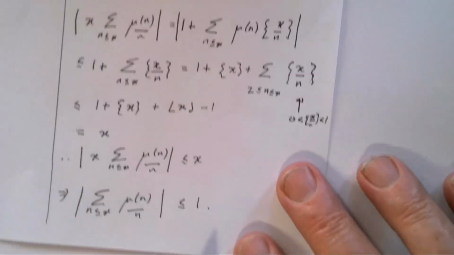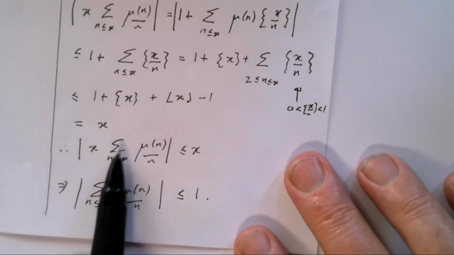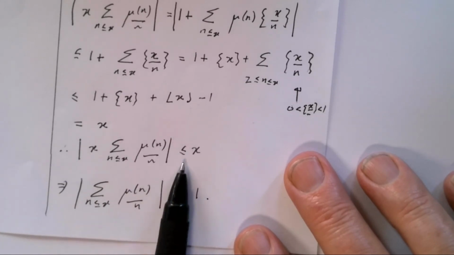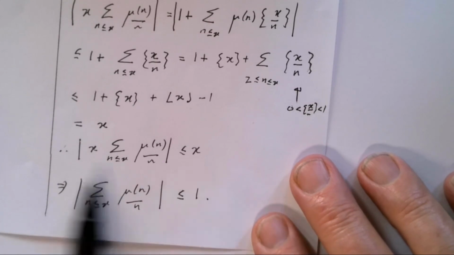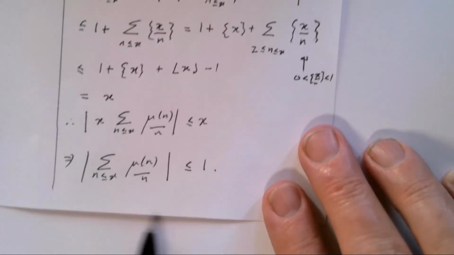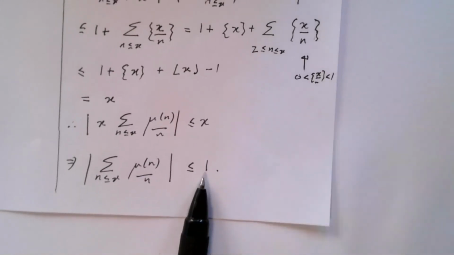So finally, putting that together, the absolute value of x times this sum of mu n on n is less or equal to x. Now x is not 0, so I can divide, and there's the result that we wanted, that the partial sums of mu n on n, n less or equal to x, is bounded, it's got to be less than 1.